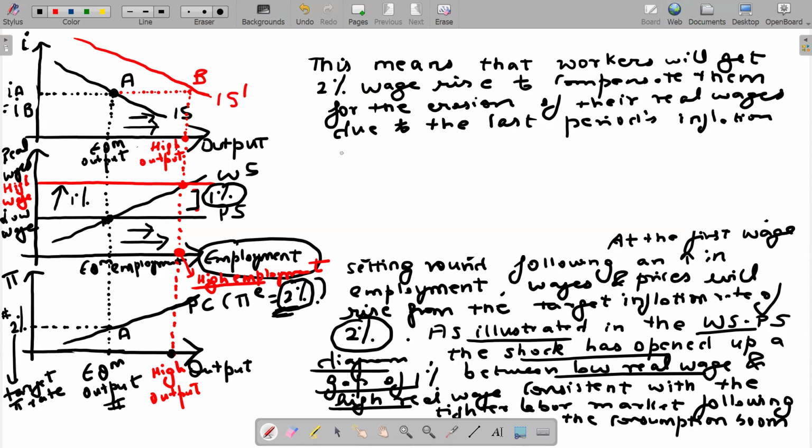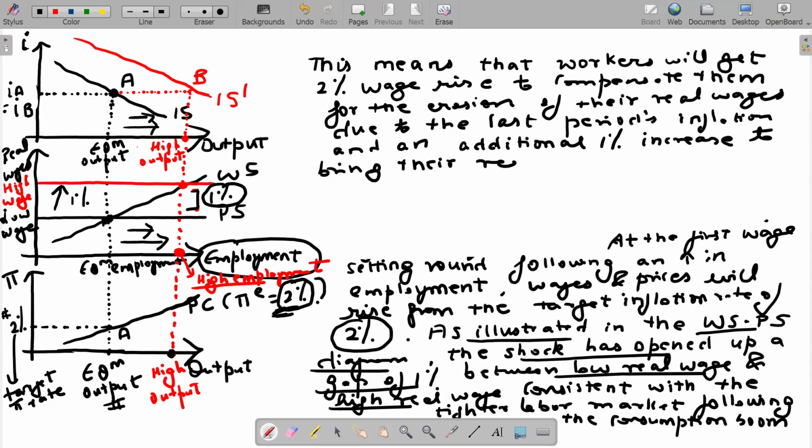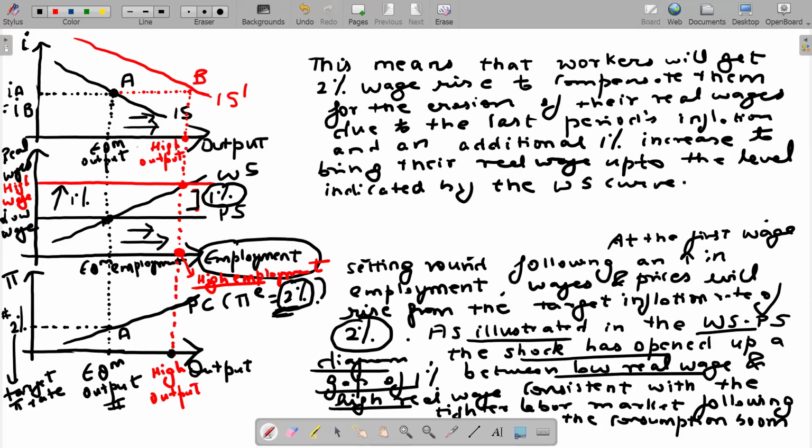Plus, I can write an additional 1% increase to bring their real wages up to the level indicated by the wage setting curve.